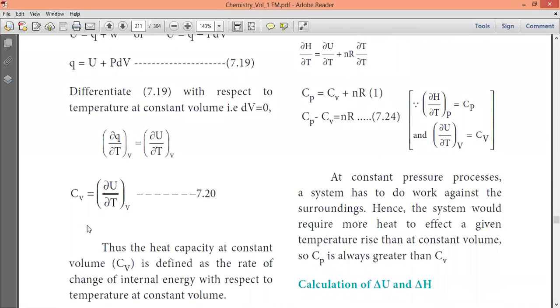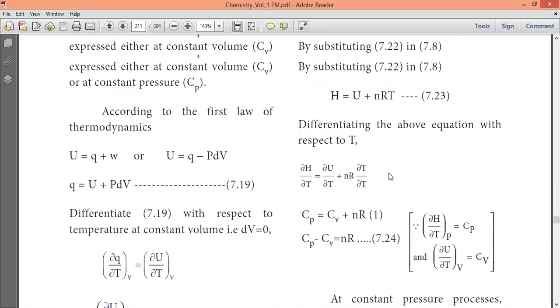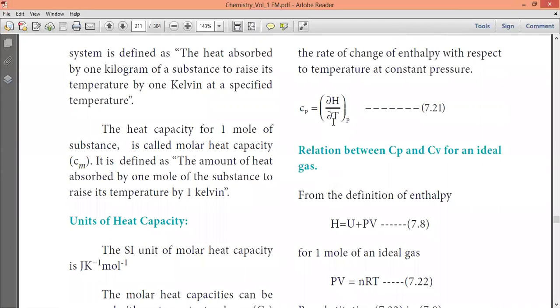Here this U refers to internal energy. Now dou U by dou T at constant volume, and again dou H by dou T, where H refers to enthalpy, takes place at constant pressure.